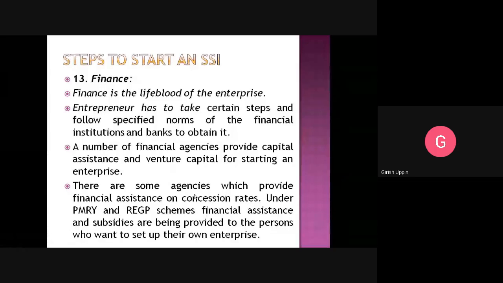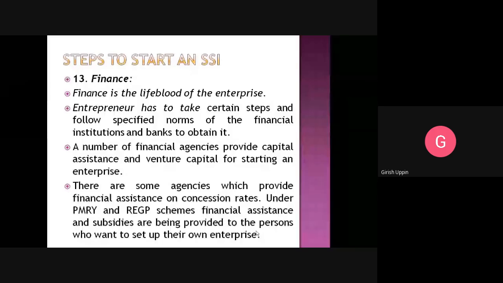Under PMRY and REGP schemes, financial assistance and subsidies are being provided to the persons who want to set up their own enterprises. And every year the schemes keep on changing. There are certain schemes for women entrepreneurs.